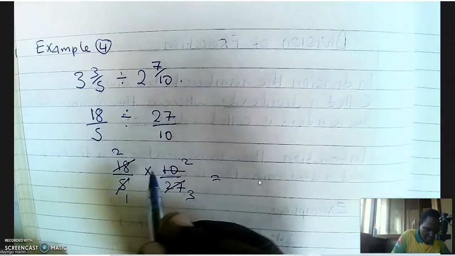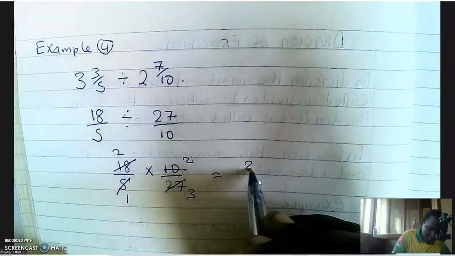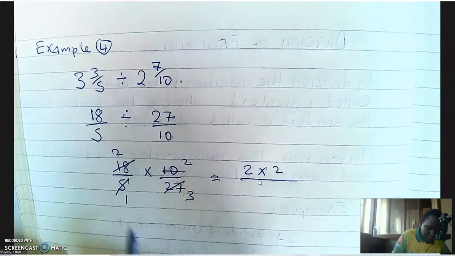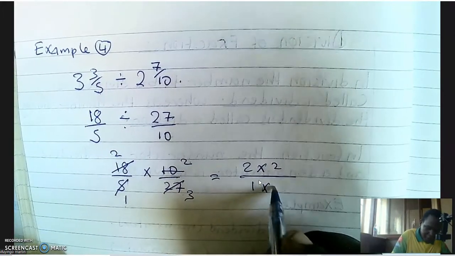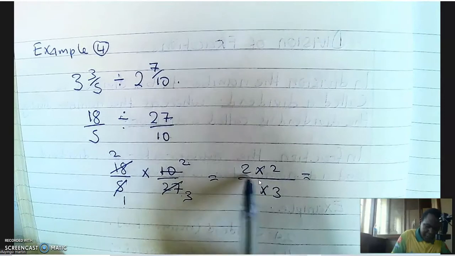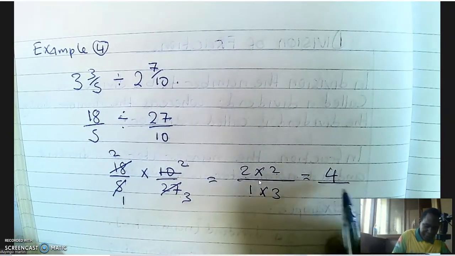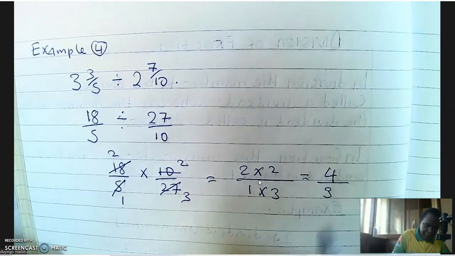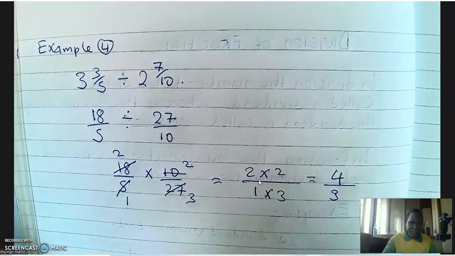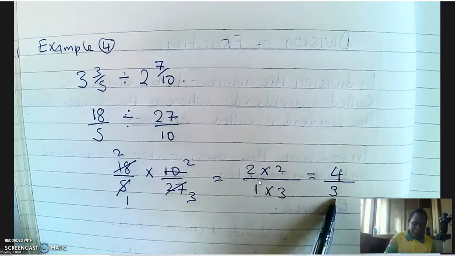Here we remain with 2 times 2 over 1 times 3. 2 times 2 is 4, and 1 times 3 is 3. Therefore, we get our answer, which is 4 out of 3.